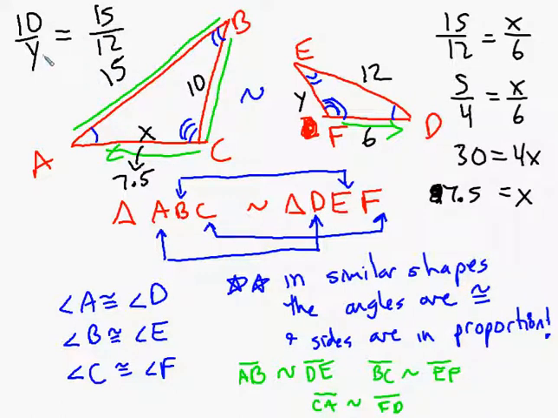You were consistent. As long as you're consistent, it's all right. So I won't bother reducing this time. 15y equals 120. So I divide by 15. What's 120 divided by 15? 8. Okay, so y is 8. Any questions on scale drawing so far? Good, you guys are so smart.